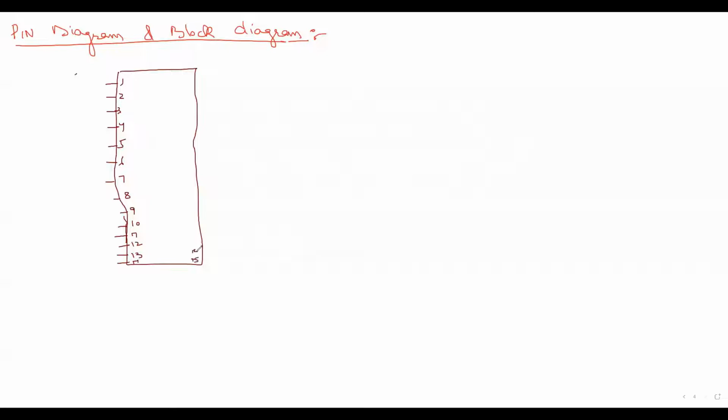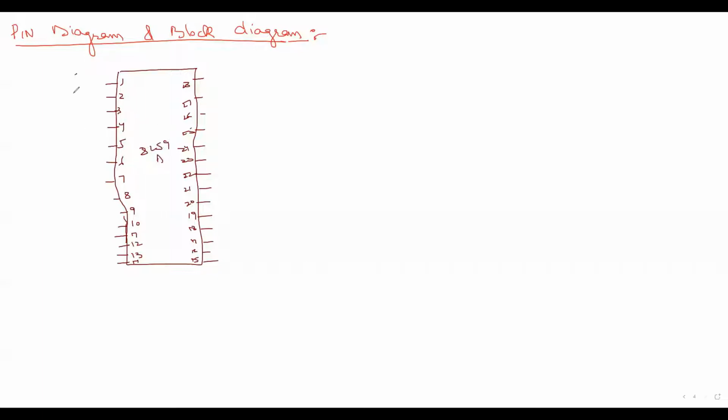15, 16, 17, 18, 19, 20, 22, 23, 24, 26. So these are the 28 pins of 8259A.